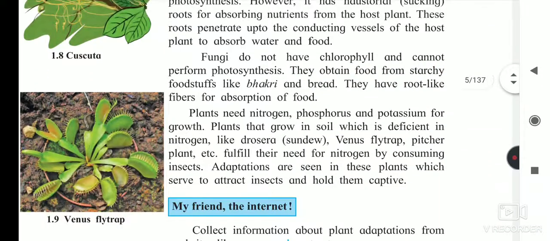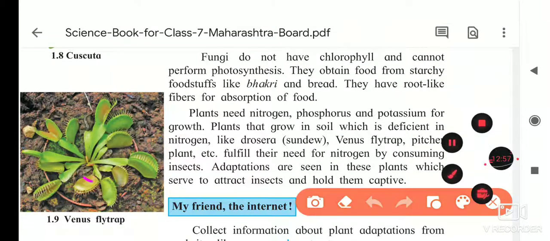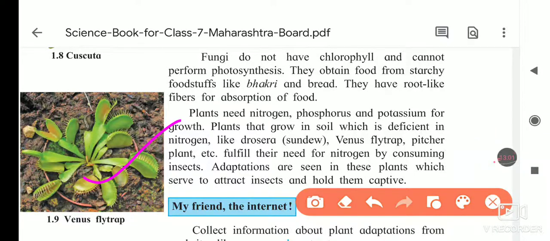Okay, after that we see the Venus flytrap. It has the capacity to trap insects, and these plants grow mostly in regions where there is a scarcity of nitrogen. To fulfill their need of nitrogen, they kill the insects and get nitrogen from their bodies.